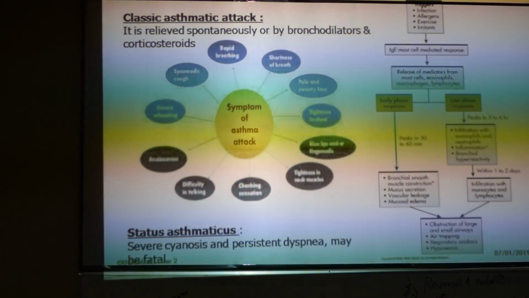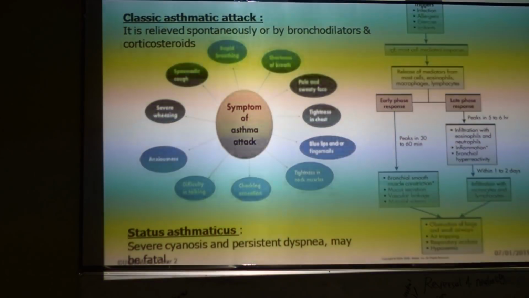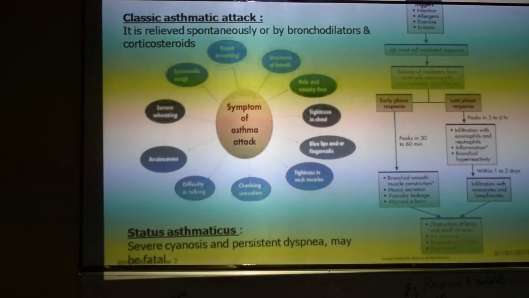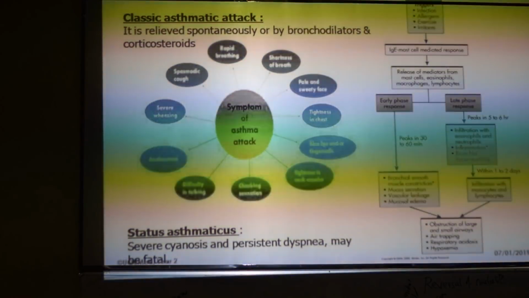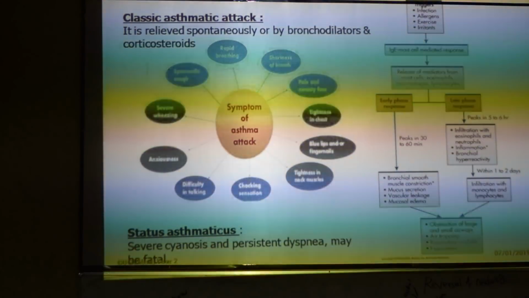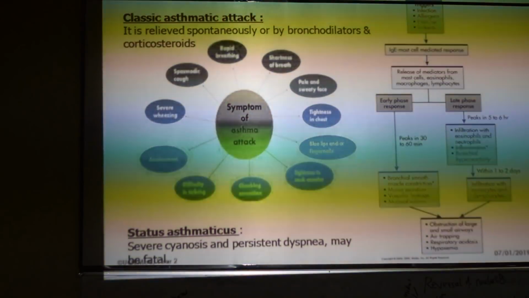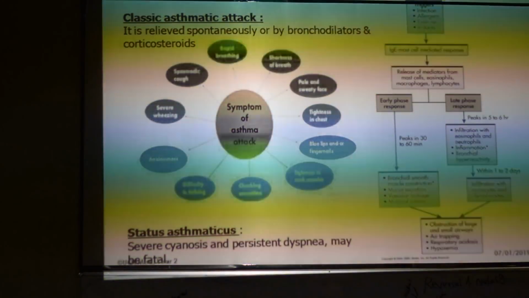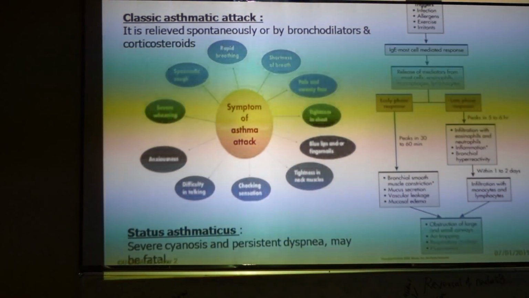Why? Because there is exertional breathing now. He is specially trying to breathe. That's why you will see special effects: intercostal muscle involvement, neck muscles involved, exertional breathing, then blue lips and fingernails. Why is that? Hypoxia.